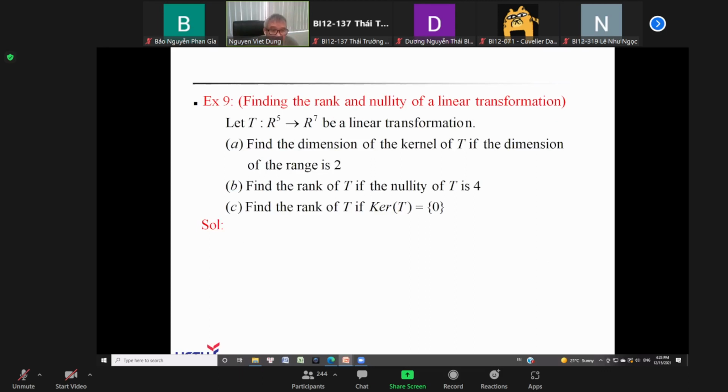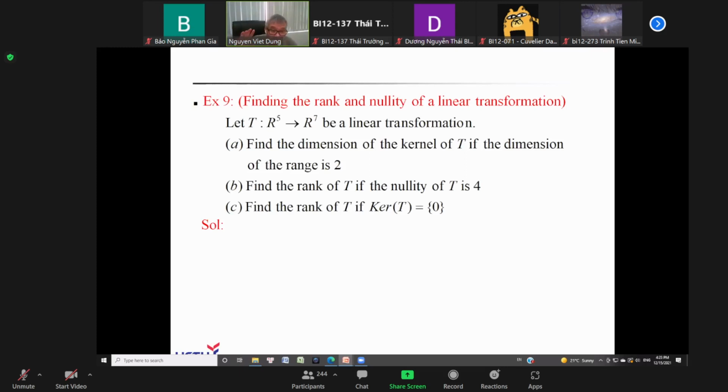Next, if you are given T from R5 into R7 is a linear transformation. And here some examples A, B, C require you to find the dimension of the kernel, the dimension of the range, and something like that.